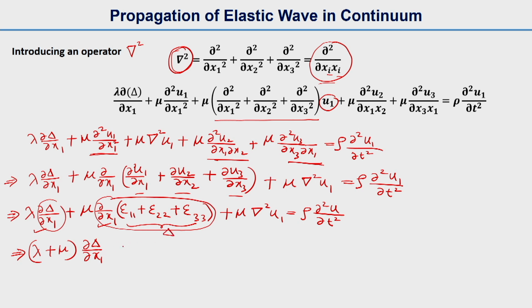This is equal to delta, epsilon 1 plus epsilon 2 plus epsilon 3. Plus we have a second term, mu with this operator, and finally we get this expression. Oh sorry, I missed the u1 here.